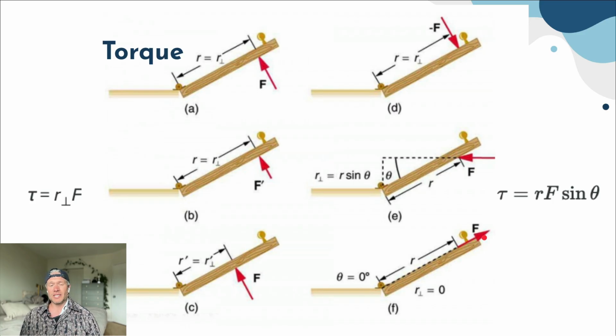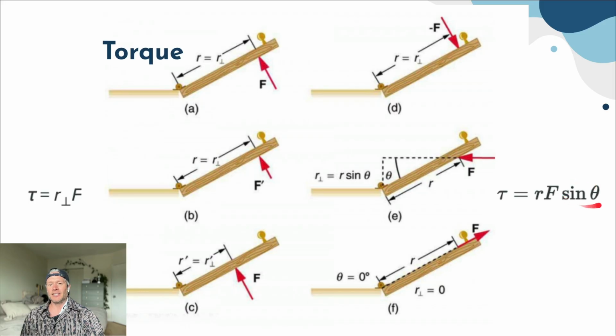Because none of the force was actually translated into a direction that would cause torque at the hinges. So another way of saying this is if we go sine 0, because our theta is 0 now, because we're going along the plane of the door, we are not putting any force in any kind of direction that would cause rotation at the hinges. So along the axis point, there'd be no rotation.